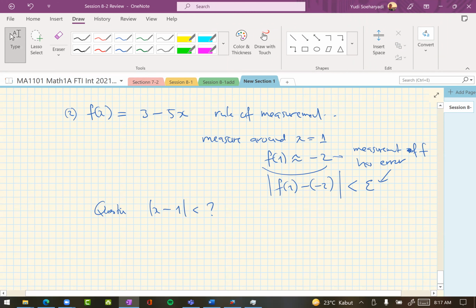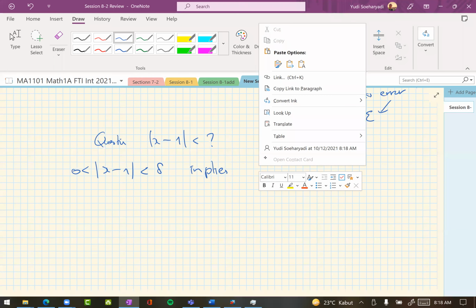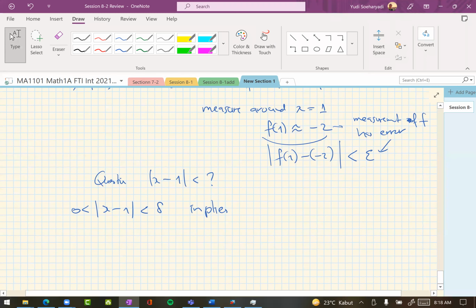What you need to find is the error here, which implies |f of x plus 2| less than epsilon. So given this, find delta.